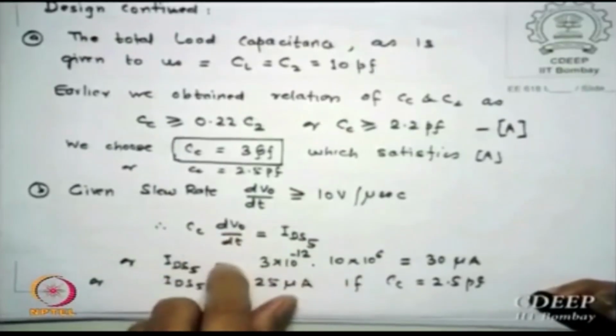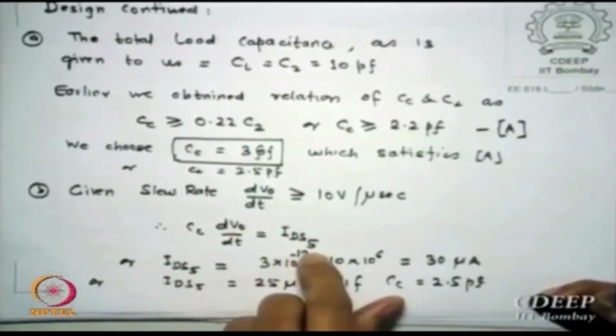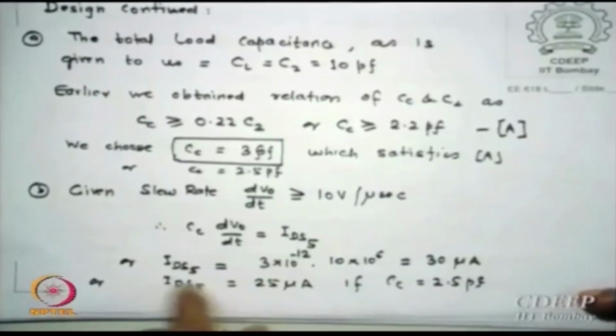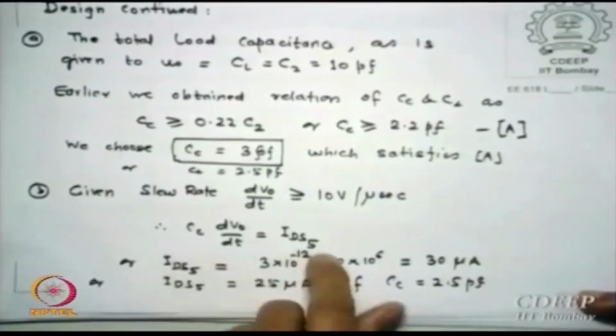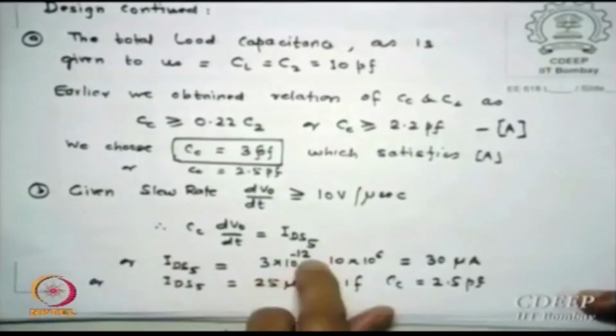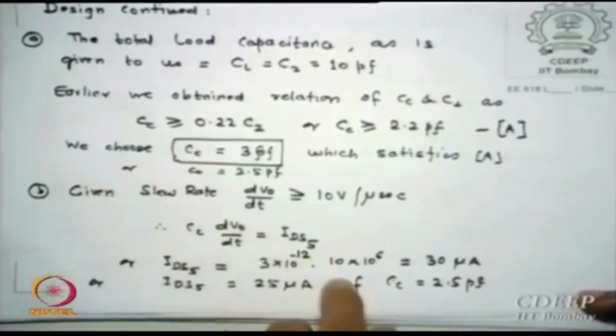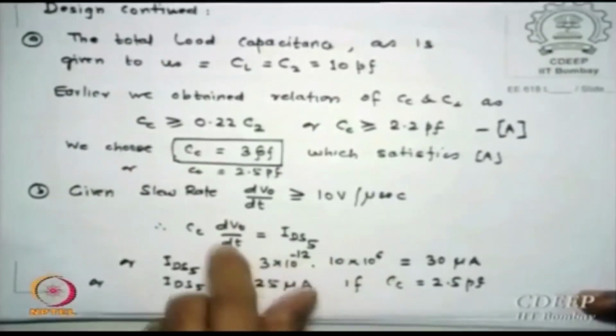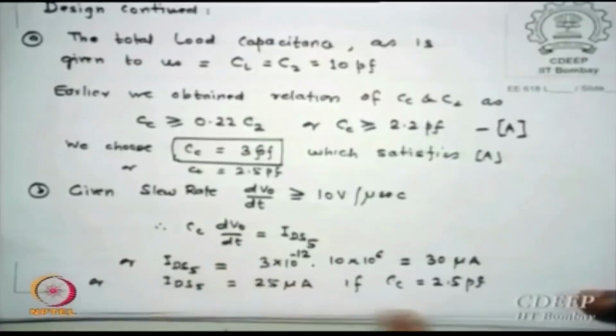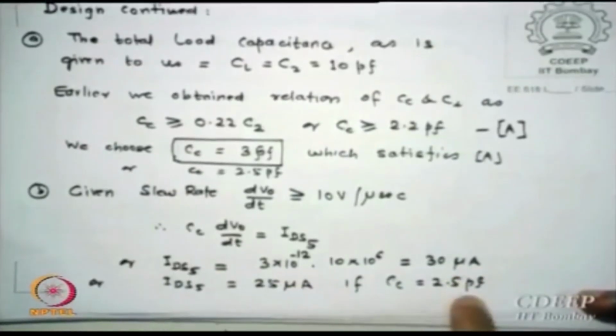CC dV0/dt is IDS5, so IDS5 is equal to C, which is 3 times 10 to the power minus 12, 3 pF, times 10 times 10 to the power 6, which is the given dV0/dt, which is 30 microamps, or if I use 2.5 it is 25 microamps.